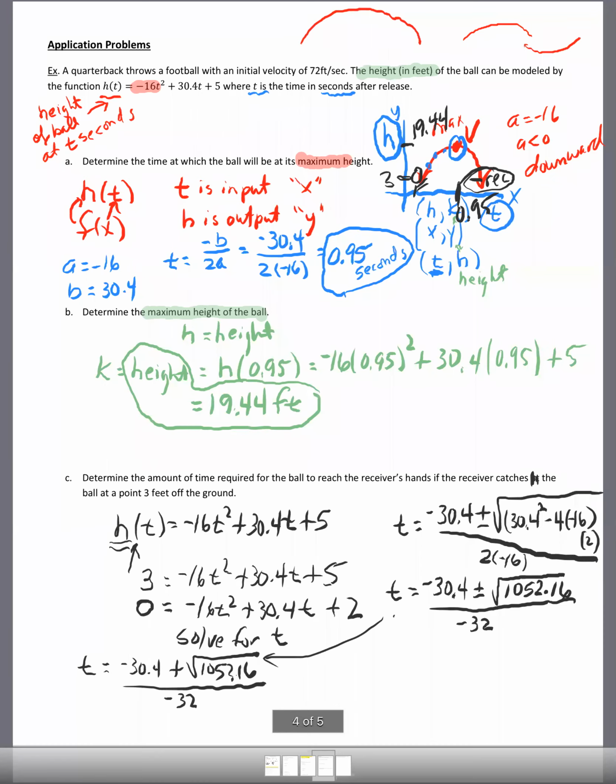And the other answer that I'm going to get is still negative 30.4 minus the square root of 1052.16, all over negative 32.